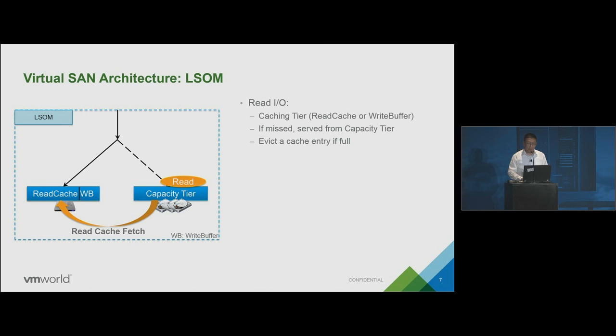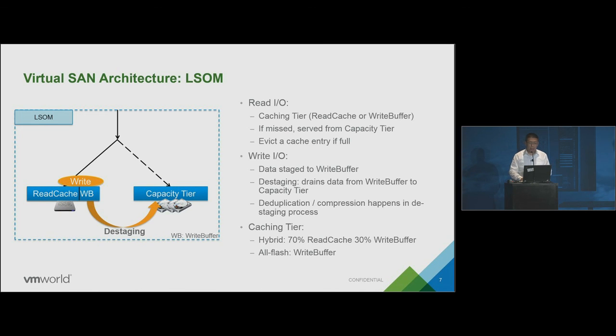On the other hand, when a write I/O reaches the LSOM layer, the data is staged directly to the write buffer and returned to the upper layer. And the data is later destaged or drained from the write buffer to the capacity tier asynchronously.